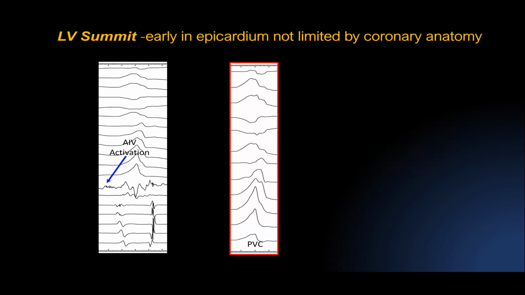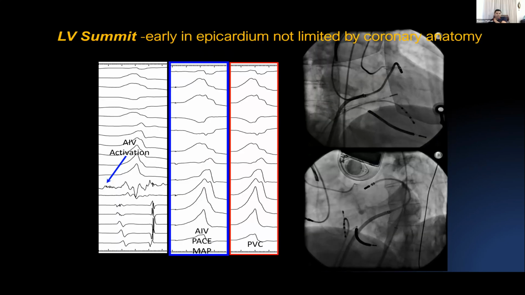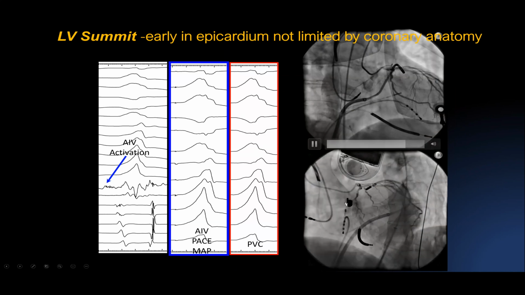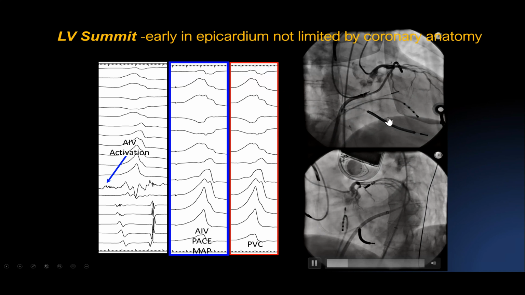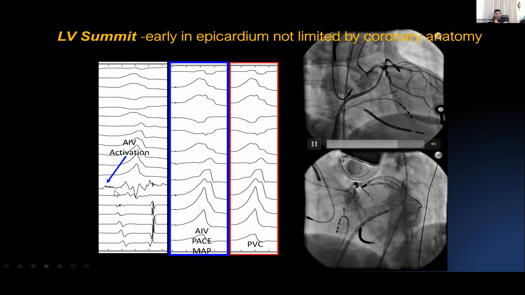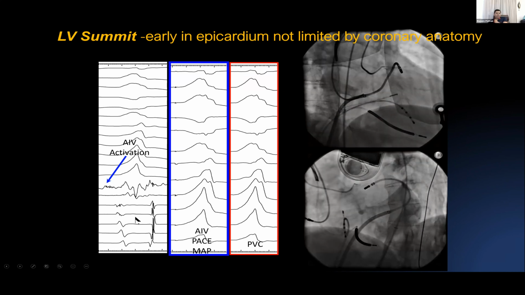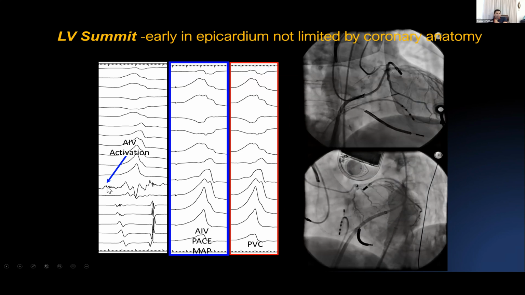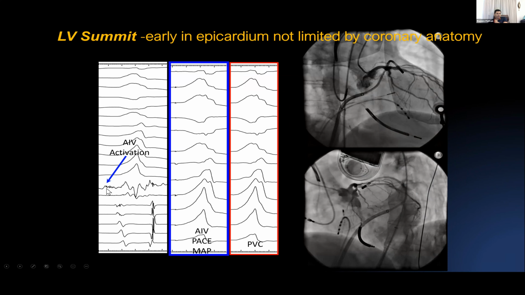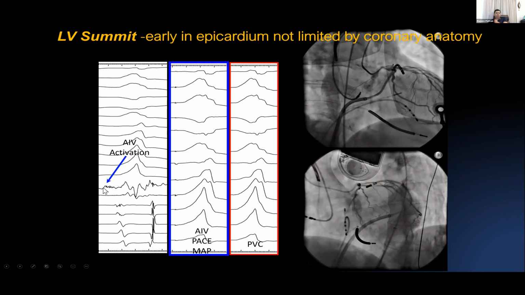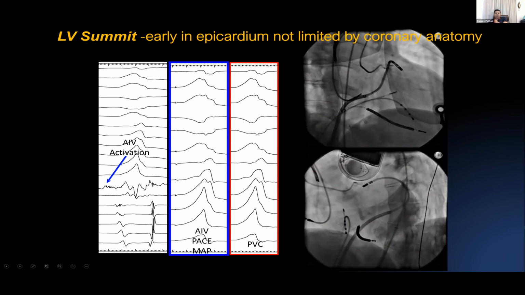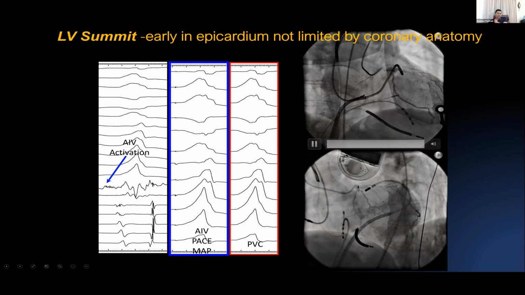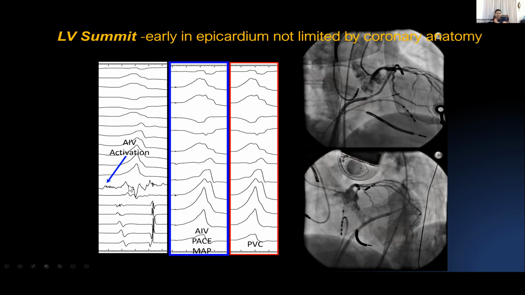So let's look at these different areas and what the ECGs are. This is a case where we put catheters into multiple locations, trying to map this PVC. What we found is that when we went into this interventricular vein, there was this beautiful signal, which was way early, suggesting that this was deep myocardial, more towards the apical area where this PVC was exiting.